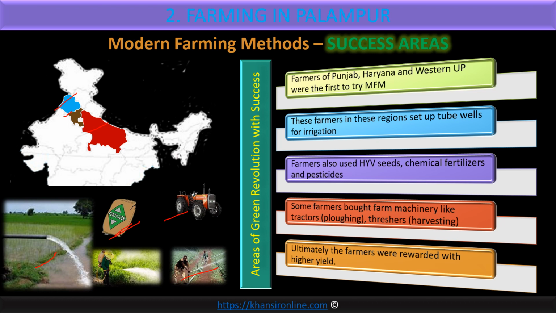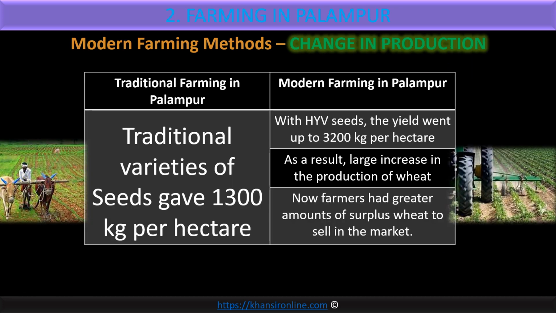But in the long run, there would be a very disastrous result of the modern farming method. We'll see that. Again, I have been continuously telling you modern farming methods give a higher yield as compared to the traditional farming. But how much? This is the data I have taken from the textbook. From traditional seeds, you get only 1300 kilogram from a hectare.